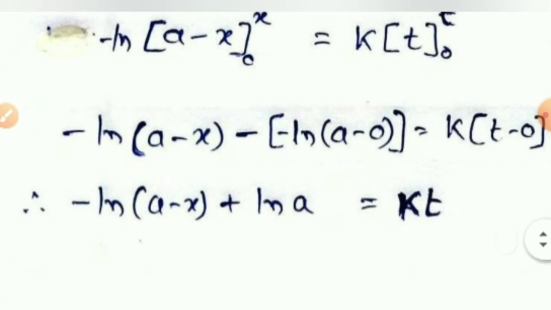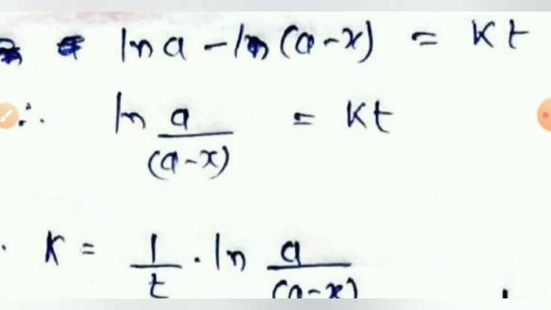After modification, minus times minus gives plus. Here A minus 0 is nothing but A, and t minus 0 becomes t. So after modifying we get ln A minus ln of A minus x equal to kt.